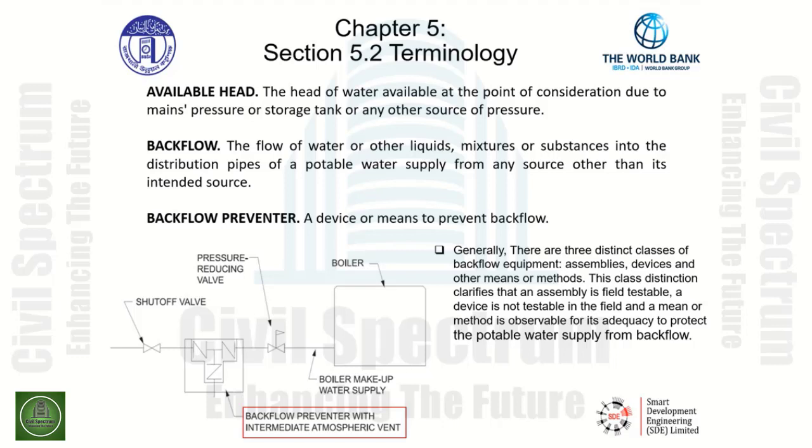Based upon the pressure differentials between the check valves, lower pressures in the potable connection to the backflow will foul or translate the water through the intermediate atmospheric vent at the bottom of the backflow preventer, thus not allowing the water to migrate back into the potable water supply. This is one means of how we protect the potable water supply from backflow.